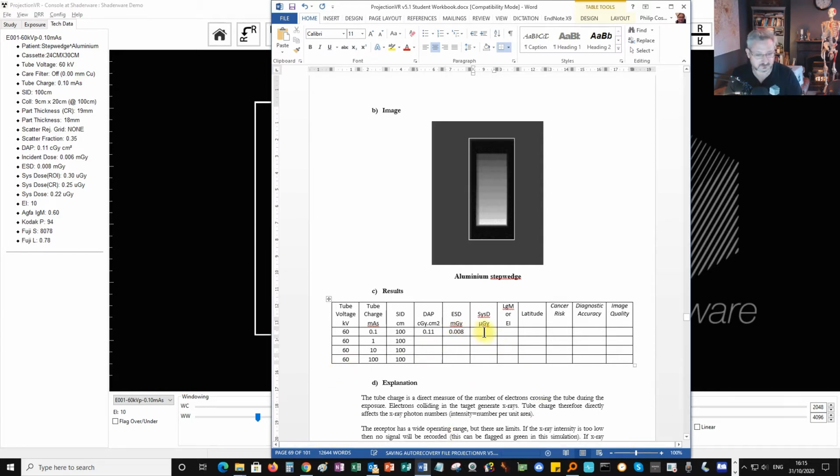And the system dose is 0.3 microgray. Now a microgray is virtually nothing, so 0.3 of a microgray, very, very, very low amount of radiation, hardly any photons at all. The exposure index is 10, and we'll ignore the latitude column.